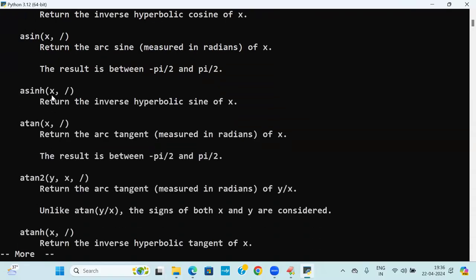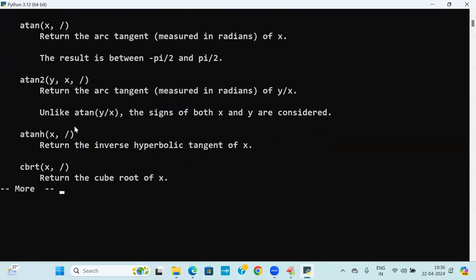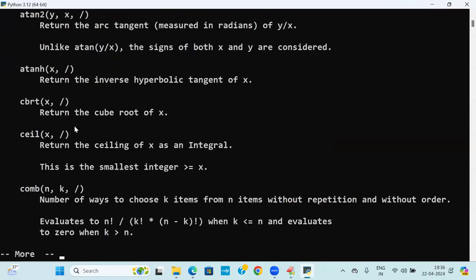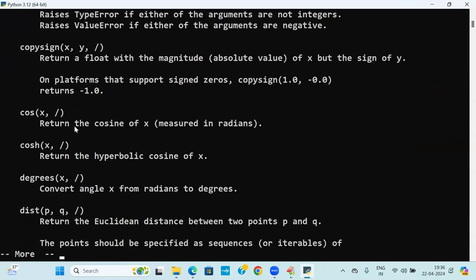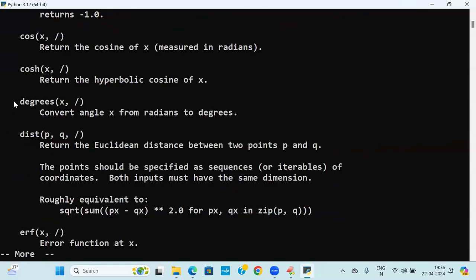Are you seeing this function notation, students? Now come on, see. There are so many functions I am showing here. The cos function, the degrees function, dist, the distance between two points P, Q: square root of (x2 minus x1) whole square plus (y2 minus y1) whole square. You learned the distance between two points, or not?